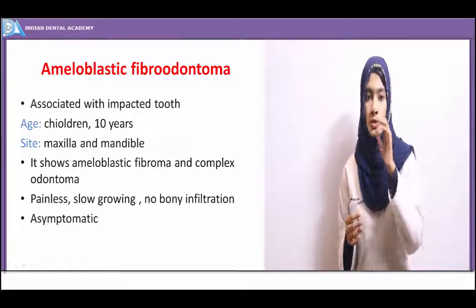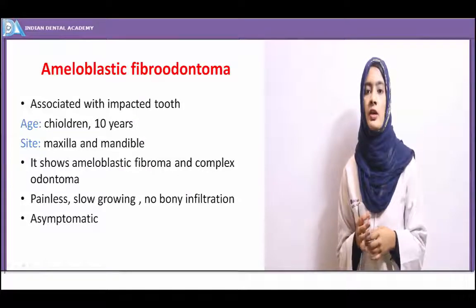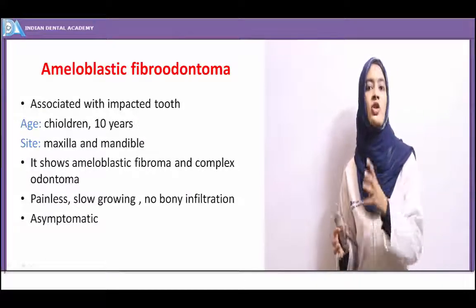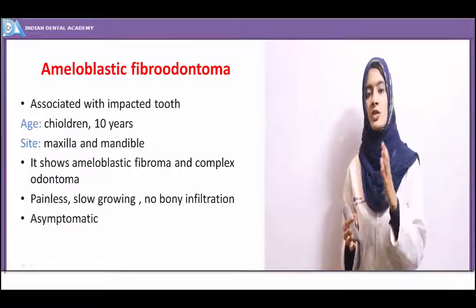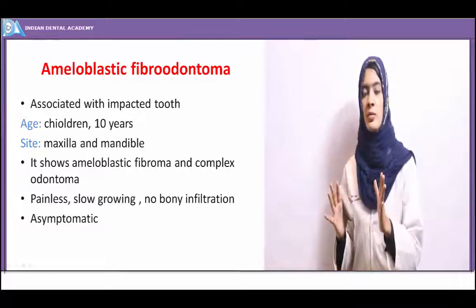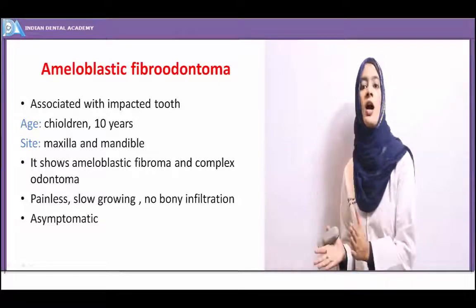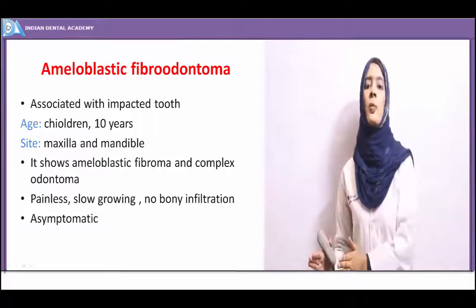So what is complex odontoma? Odontoma is also an odontogenic tumor, but it shows the deposition of some calcified tissues. We'll study complex odontoma later on, but we should just remember that ameloblastic fibroodontoma is a combination of ameloblastic fibroma and a complex odontoma.